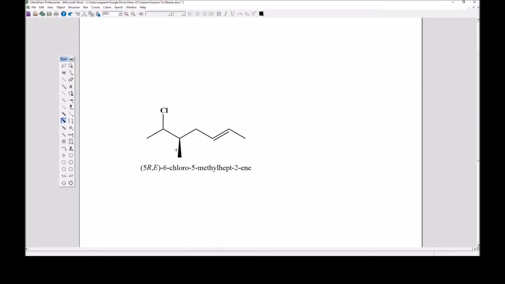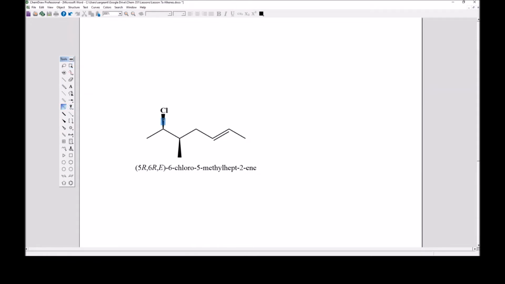And the R designation right here, I specify that it's the 5 position. And let's go ahead and do the same thing over here with that chlorine. And that's really why they've specified the number. Because there are 2 different chiral centers in this compound, then you need to specify which chiral center is the 5 position and which one is the 6 position.